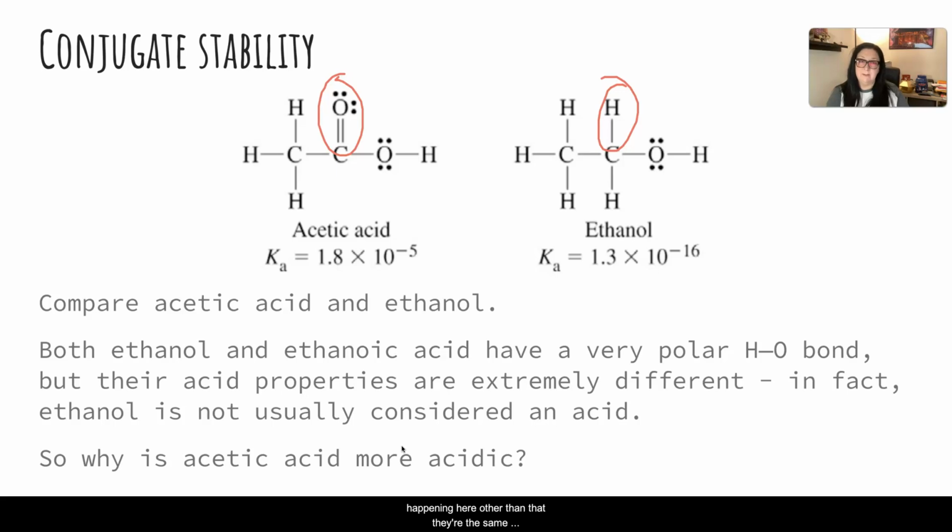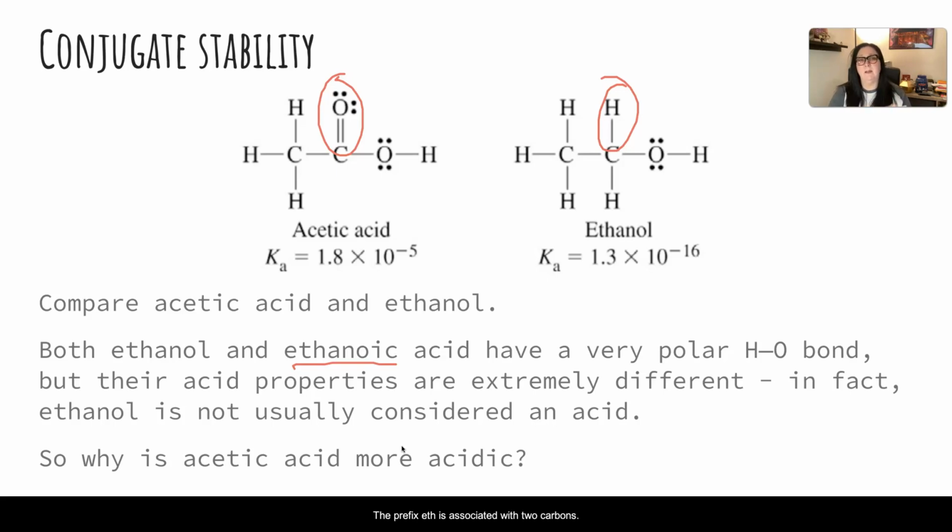Other than that, they're the same molecule. The CH3 on the left-hand side, then a second carbon, and there's an OH group. So it's very common to compare them. I told you there was another name for acetic acid: it's also known as ethanoic acid. Organic molecules are carbons and hydrogens, and they're named based upon the number of carbons present.